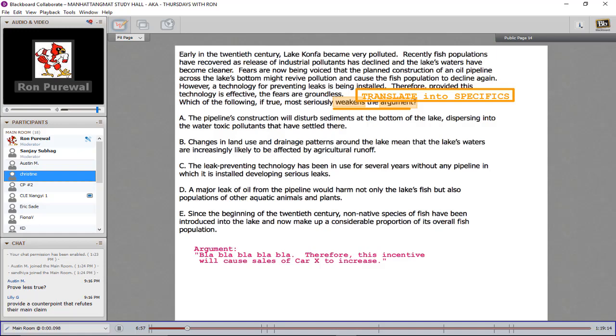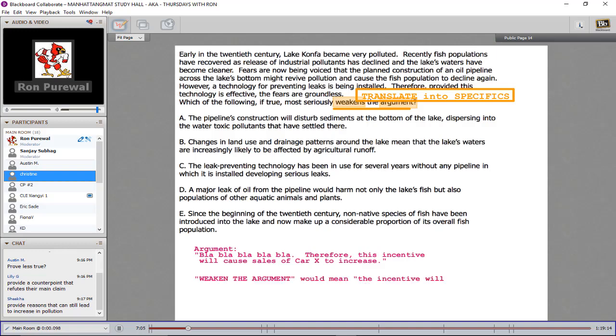In this case, weaken the argument would mean the incentive will not make more people buy the car. So this is what you have to do. You have to translate this into specifics, and then you can think about why that is, right?